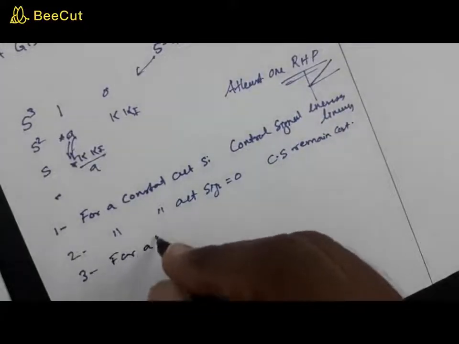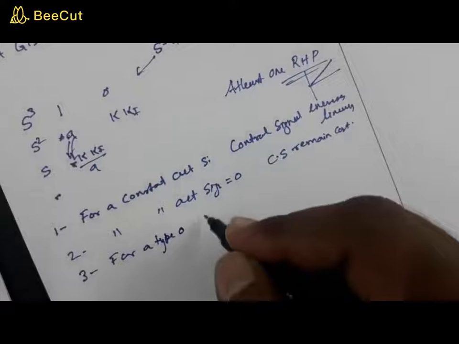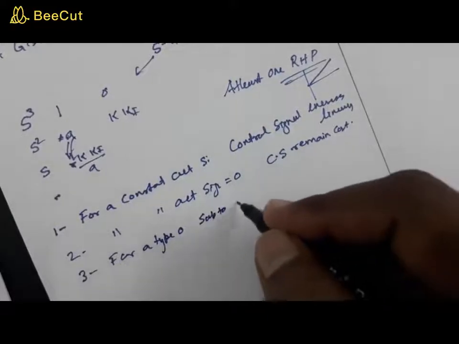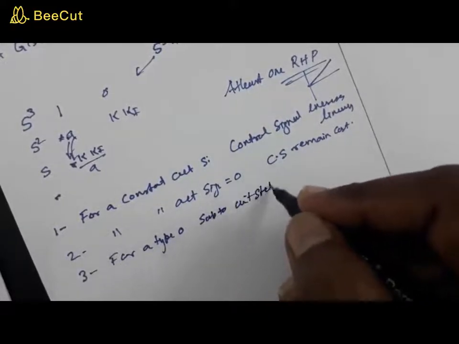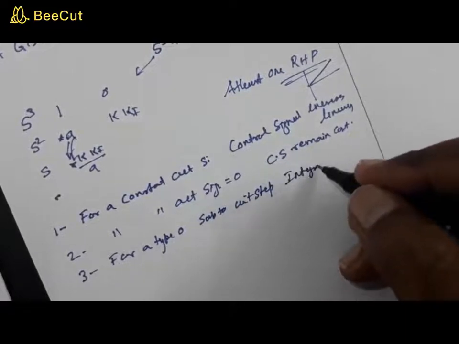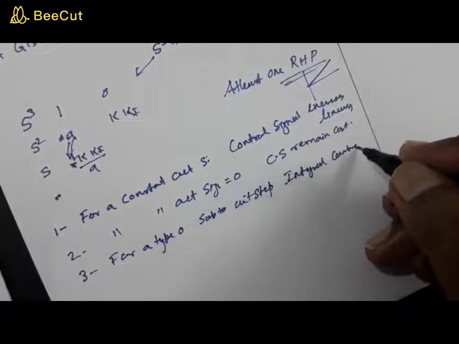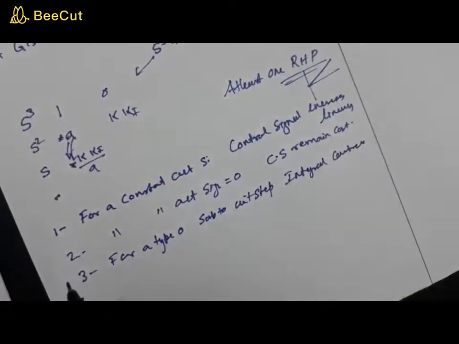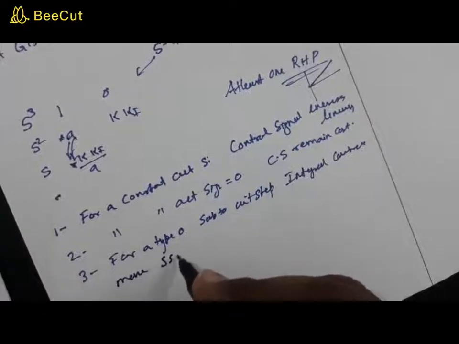Now the third point is, for a type 0 system subjected to a unit step signal, the integral controller makes the steady state error 0.